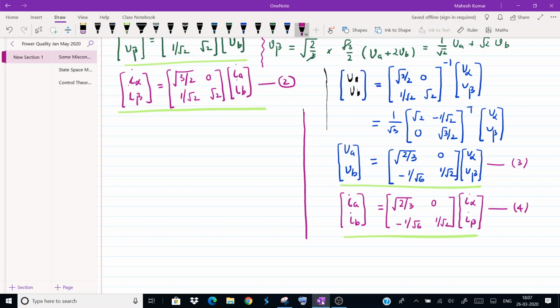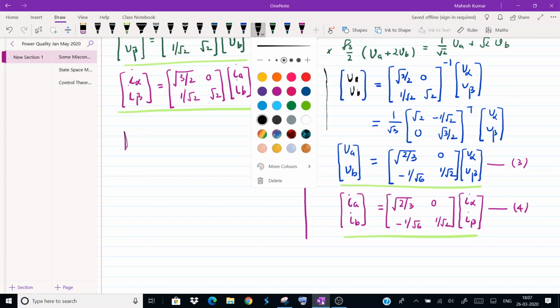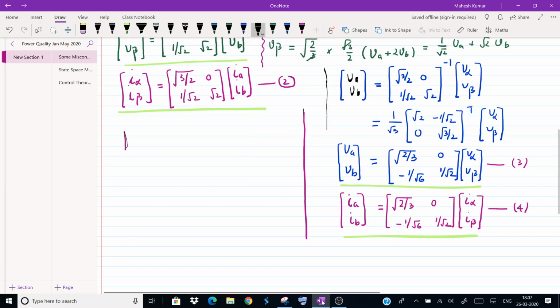If you recall, these expressions will be like this: P is equal to B alpha into I alpha plus B beta into I beta.